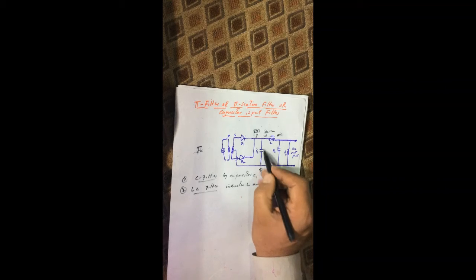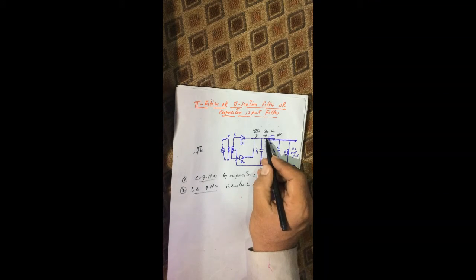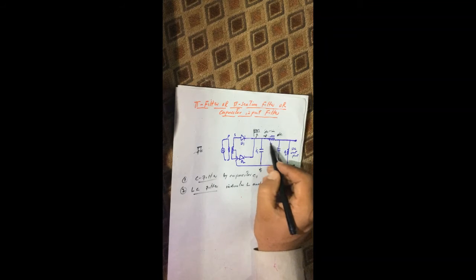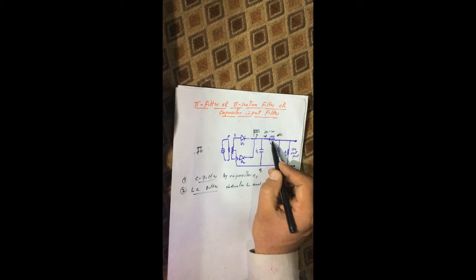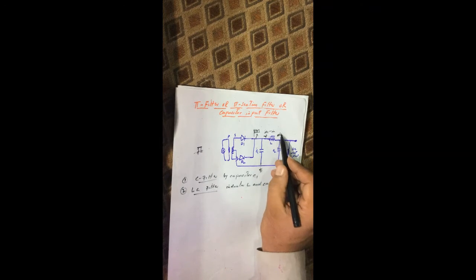Now some AC is bypassed by this capacitor, so here we have a very small AC component. If it passes through this inductor, then most of that AC variation or ripple will be blocked. So on this side we have more DC current, but there might be a small AC component also.